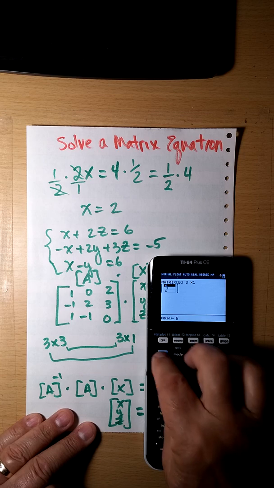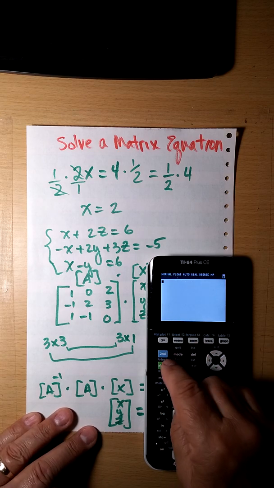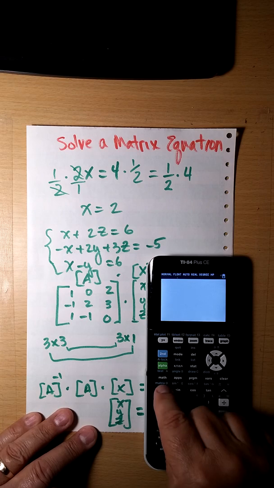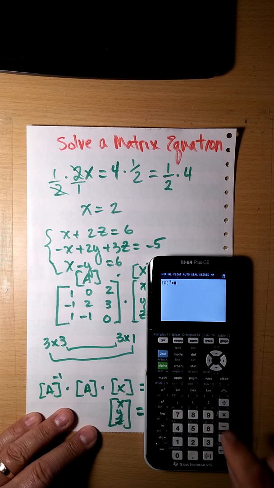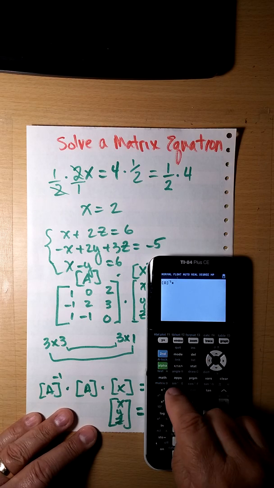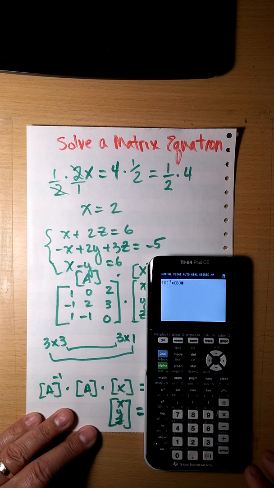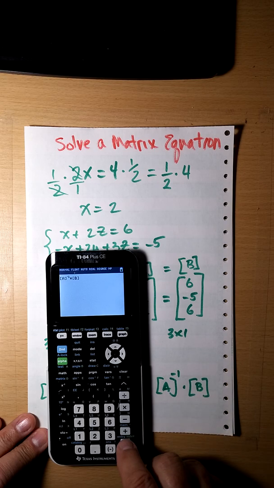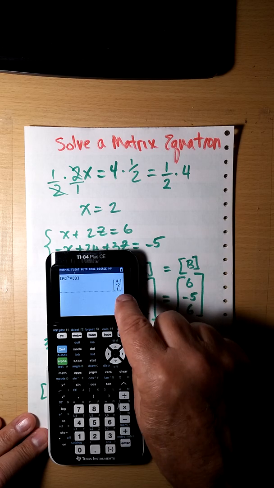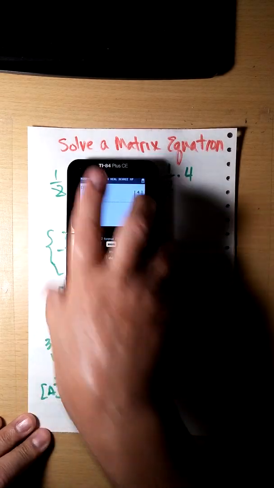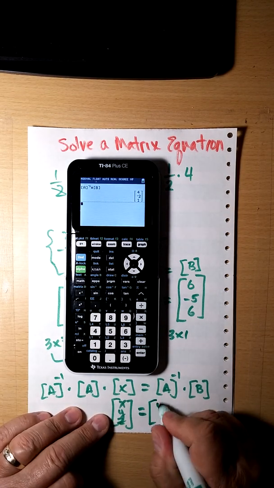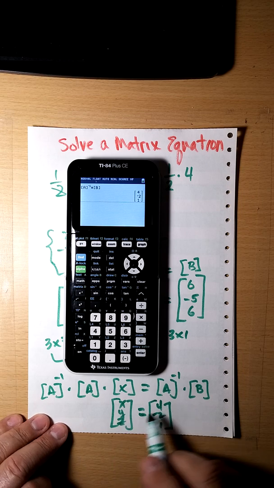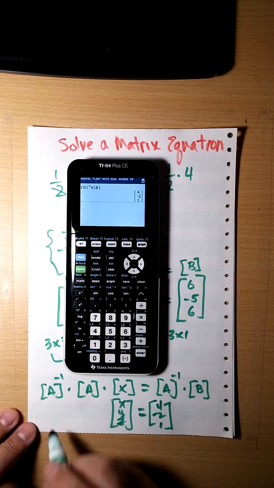We're going to take A, second matrix, A, inverse, times B, second matrix, B. That's that A inverse times B. And this gives us the answers 4, negative 2, and 1. So X is 4, Y is negative 2, Z is 1.